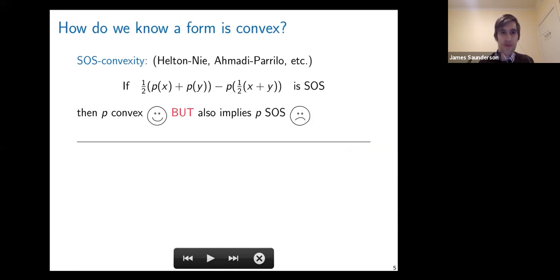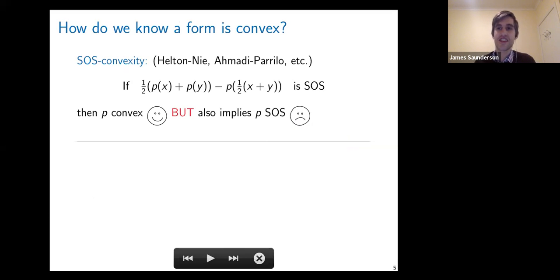So if I'm going to give you an explicit example of a convex form, I need to be able to convince you that it's convex, one way or the other. And so one approach is to use, for example, a natural algebraic sufficient condition for convexity. The first thing we might reach for is a nice property called SOS convexity, or sum of squares convexity.